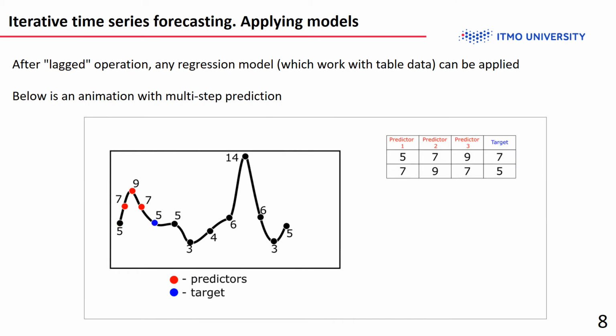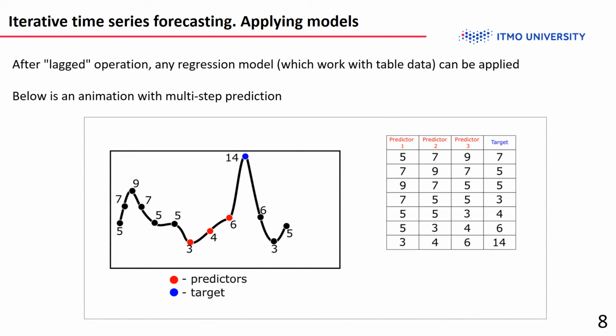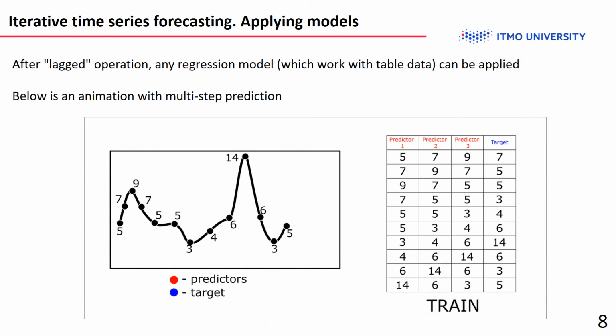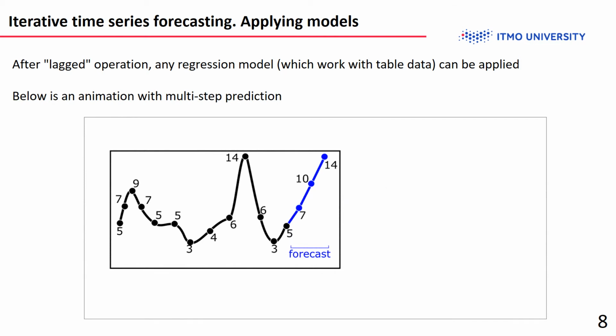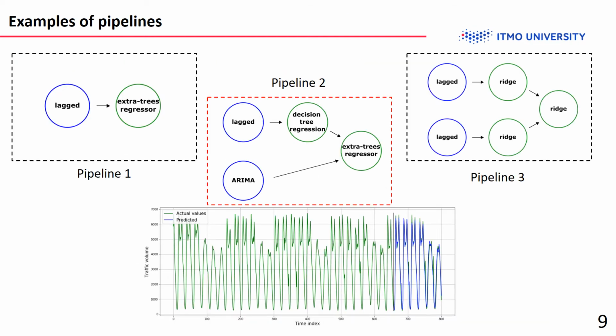You can see this demonstration in the animation: we use lagged transformation to prepare a lagged table, then use this table to train the model and give a forecast for three elements ahead.